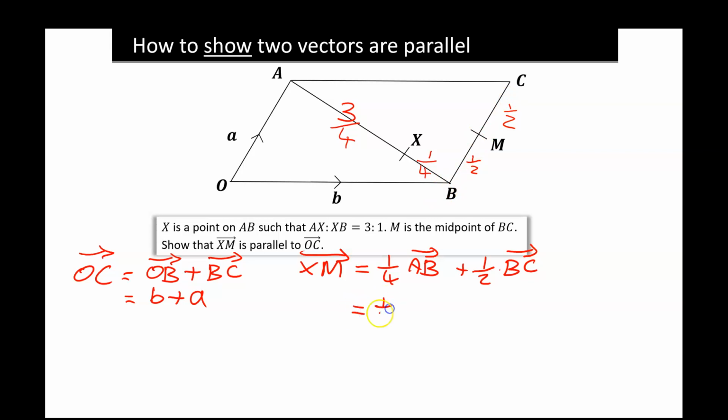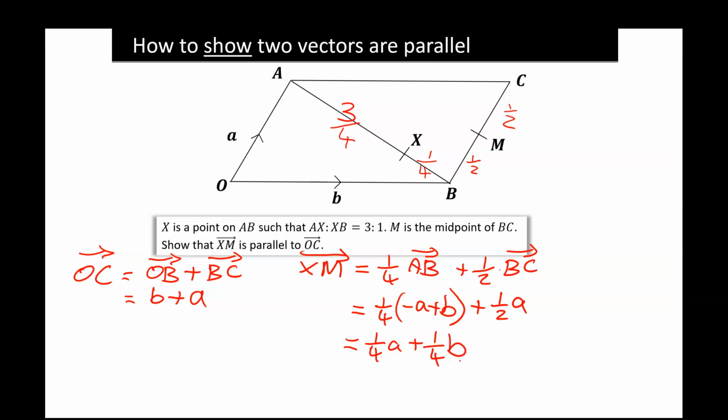So we need 1/4 of AB. Well, AB is -A plus B, and then this one is just 1/2 of A, which gives us -1/4 A plus 1/4 B.